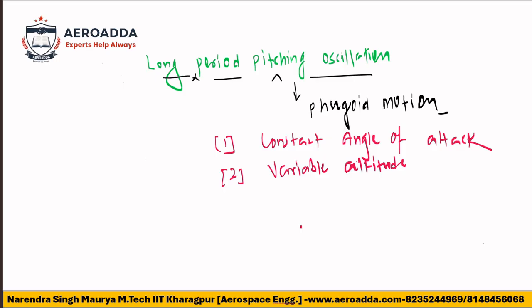And obviously, once the altitude is changing, the speed will not be constant. So you can say variable speed. Always remember these three points for short period and long period. It's very important. Also I have to write for long period oscillation: long period oscillations are generally damped and convergent.